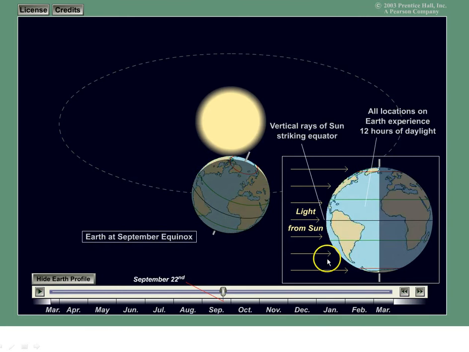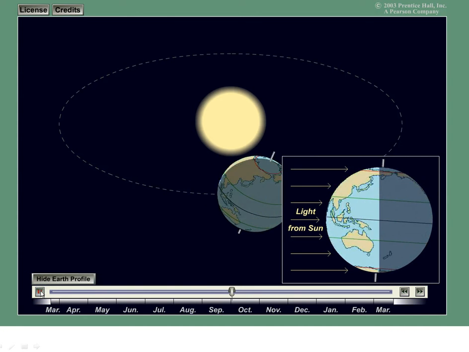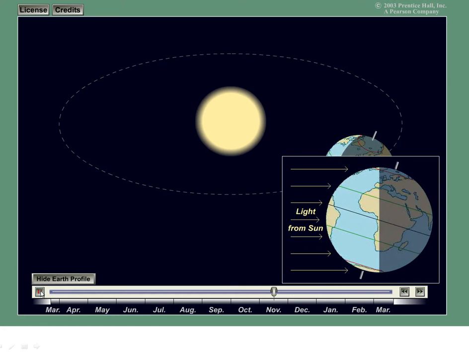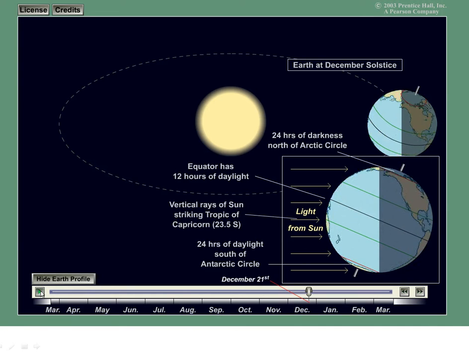Everybody does, on September 21st and March 21st, 22nd, 23rd again. And that's the equinox. It goes through its progression and comes back to December 21st, which is our first day of winter, and the southern hemisphere's first day of summer.